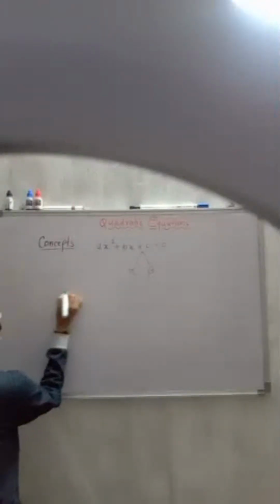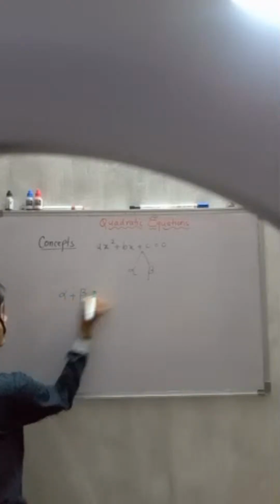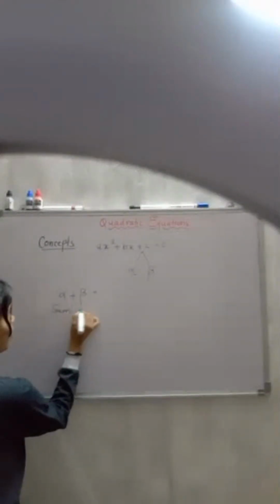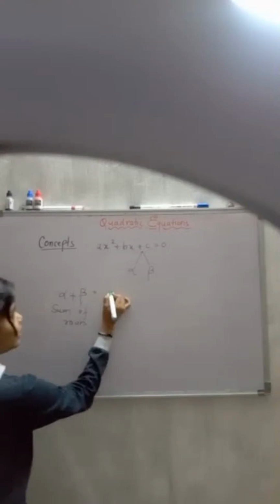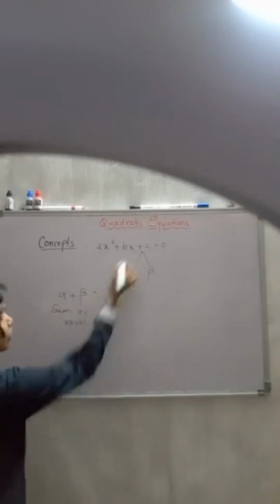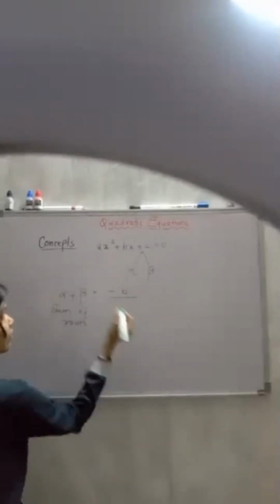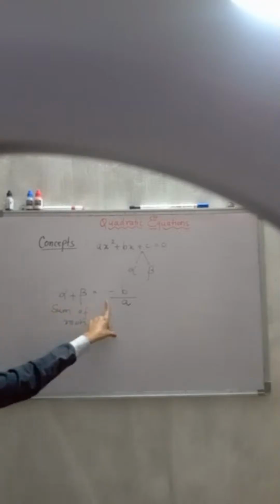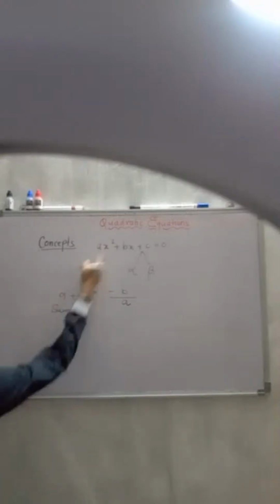Then the sum of roots, alpha plus beta, will always be equal to negative coefficient of x by coefficient of x square. Sum of roots will always be equal to minus b by a, where b is the coefficient of x, and a is the coefficient of x square.